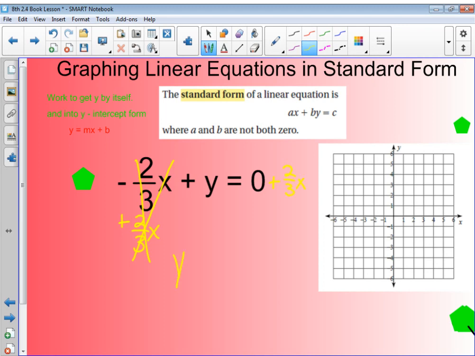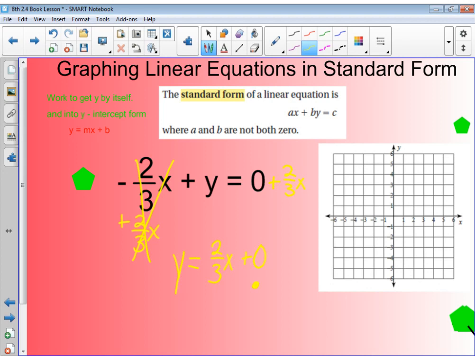So I have y equals, I want my x in the first position. So we're going to leave it as 2/3 x because it was positive. And then we have a 0 there. So I'm just going to write the 0 in here, but normally you would not see that in an equation. We would leave it off. But it helps me when I'm graphing it because I start here.